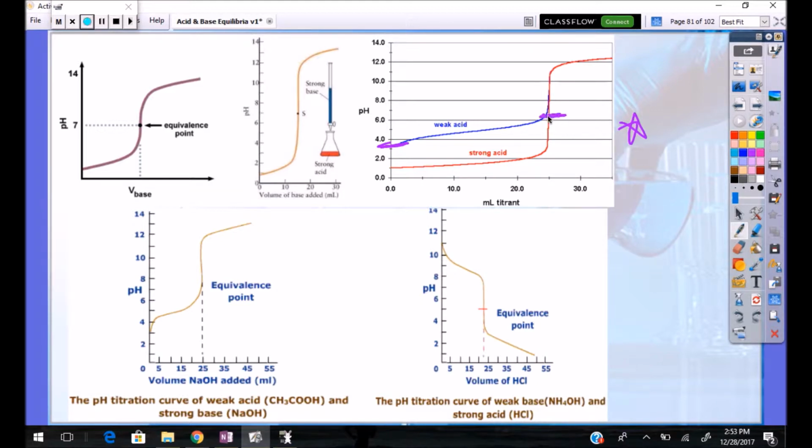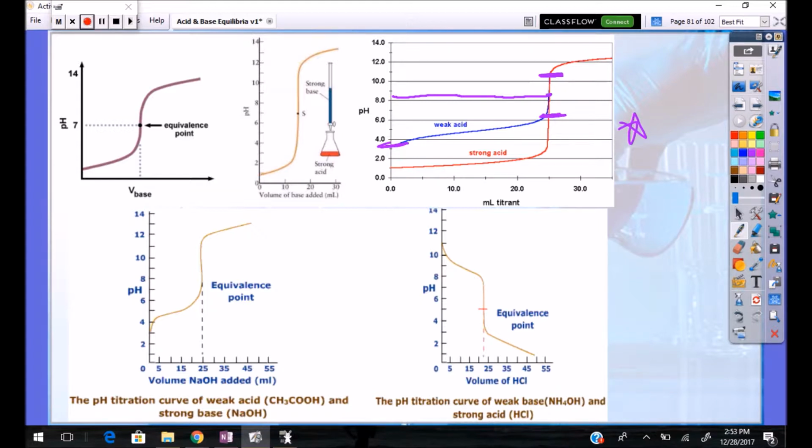This also caused a shift in our equivalence point, so it is raised here, probably somewhere in the 8.5 region. If we're looking at this graph, we take just the vertical part and go halfway up.